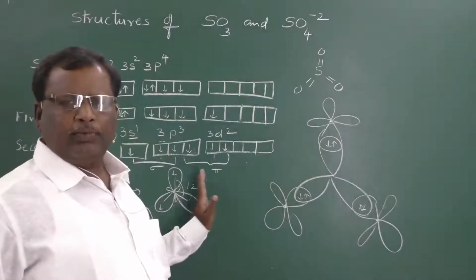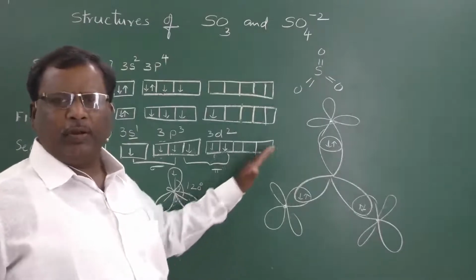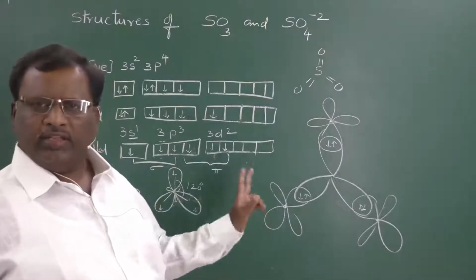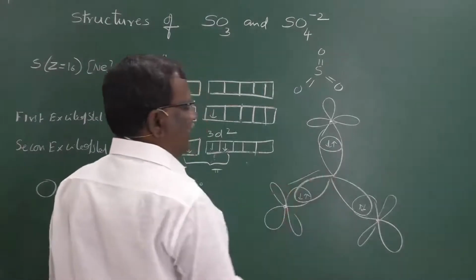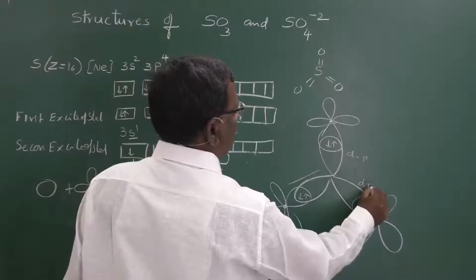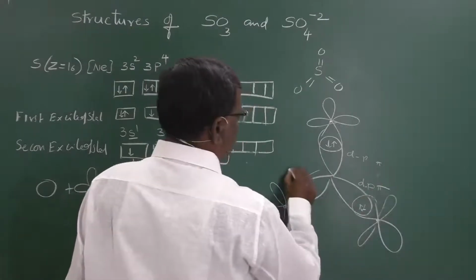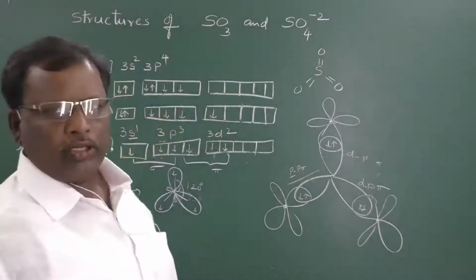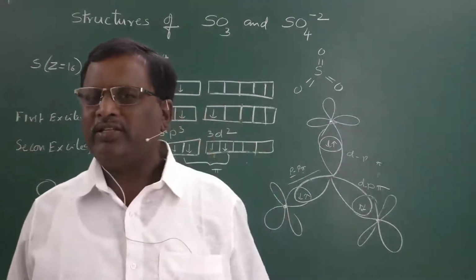Since three pure orbitals, two d orbitals and one p orbital, are present, a double bond will be formed between oxygen and sulfur. So in these three pi bonds, two are dπ-pπ bonds and one is a pπ-pπ bond. So in the SO3 molecule, the hybridization is sp2 hybridization.